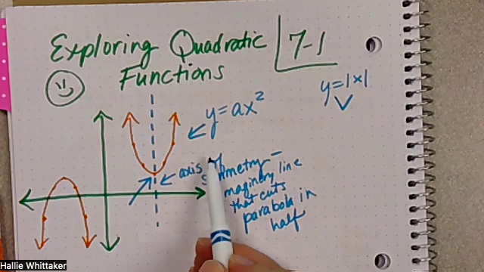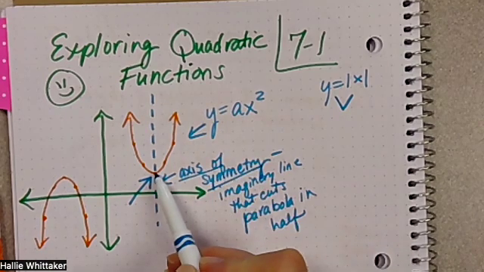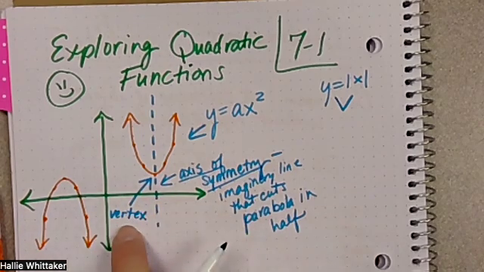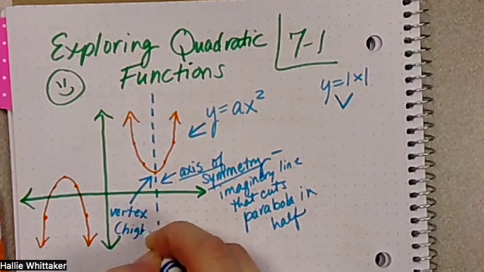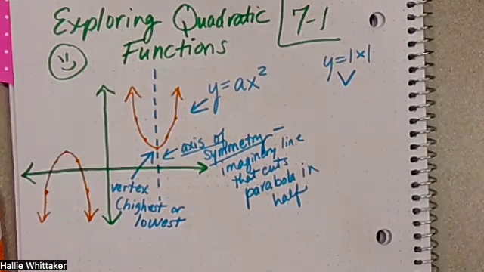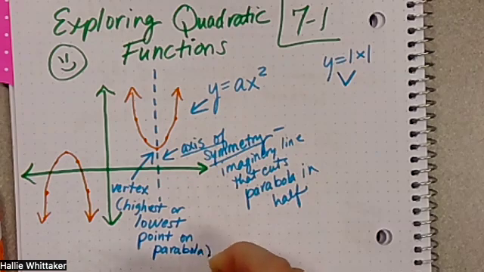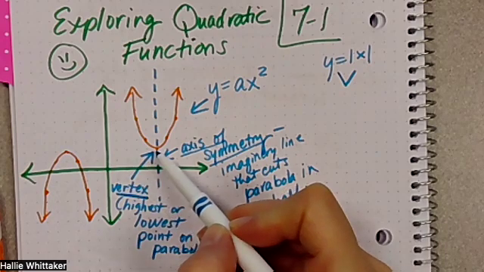Okay, so besides your axis of symmetry, which is cool to know about a parabola, you also need to know, and we'll probably talk about this more, that every parabola has a vertex. And that is either going to be the highest or the lowest point on your parabola. That's your vertex. So in this case, can you tell this is going to be your lowest point? It's your lowest y value.